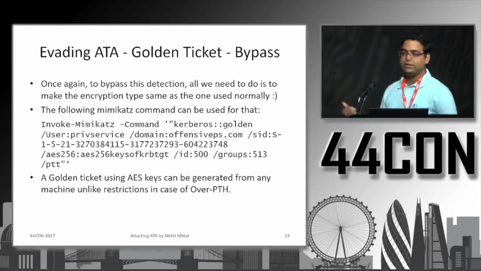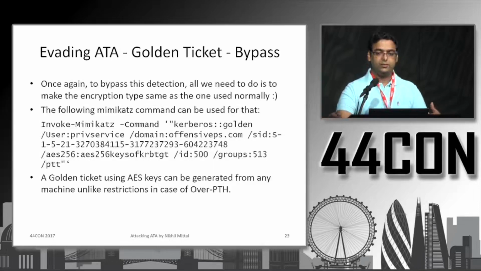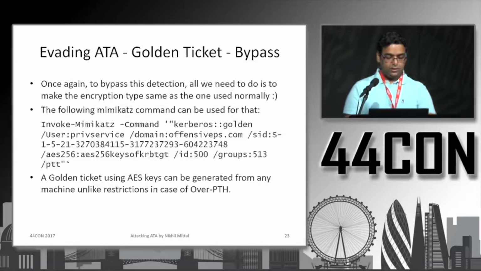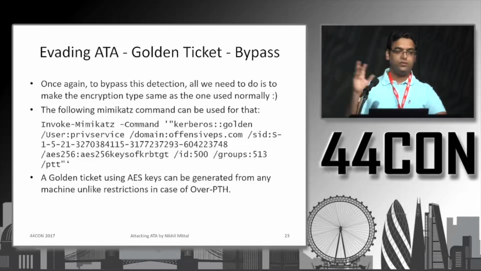In place of using just the NTLM hash for creating a golden ticket, we simply use AES keys, right? So in place of using /NTLM, or I think it accepts /RC4 in case of golden ticket, you can simply use /AES256 of the krbtgt account, and you will not be detected.